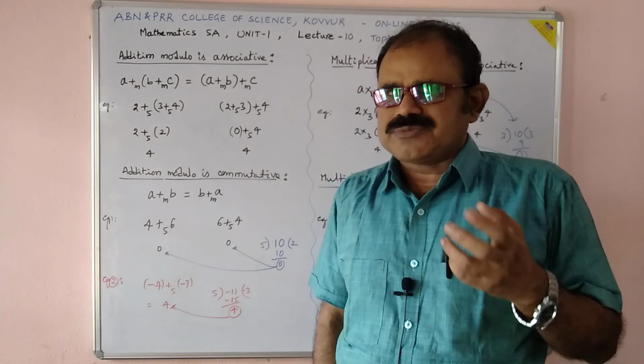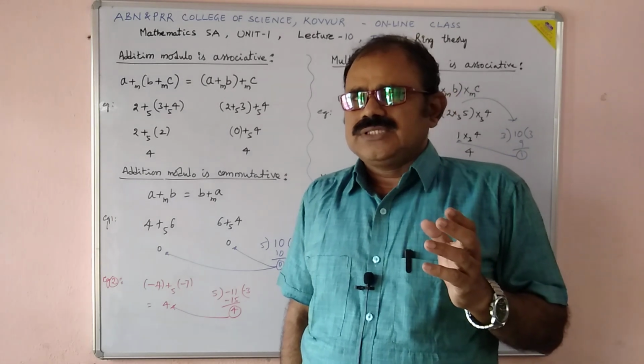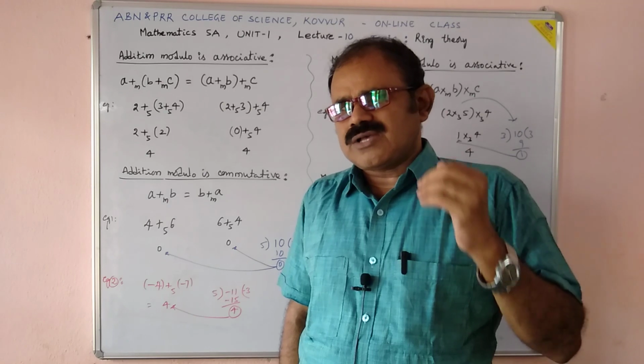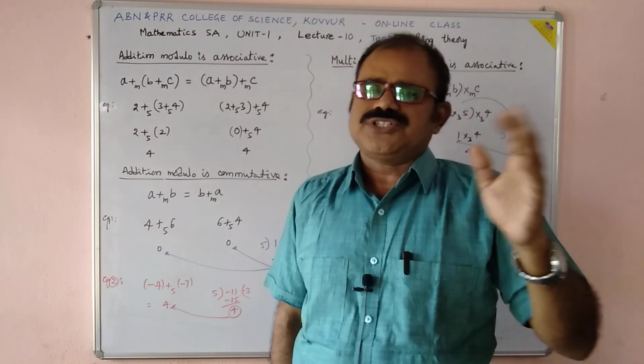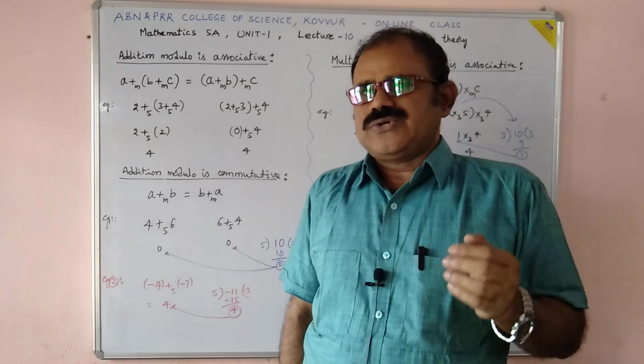While discussing addition modulo 5 and multiplication modulo 5, we have simply considered the associative laws of addition modulo 5 and multiplication modulo 5. Let us discuss those associative laws. We considered that the associative law will follow with respect to addition modulo and multiplication modulo.